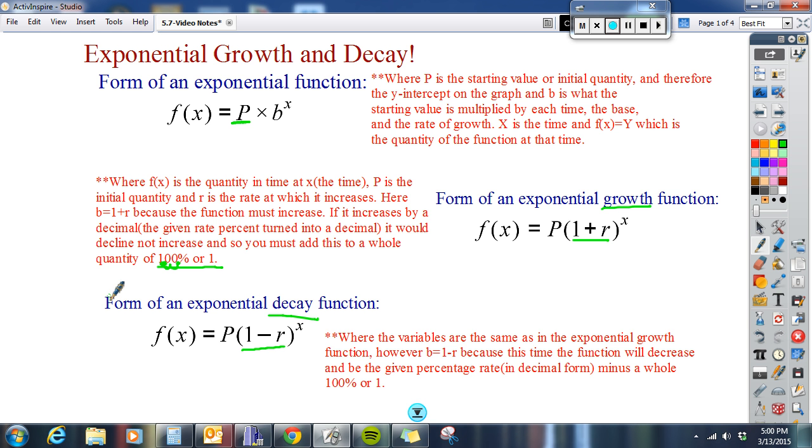So I have this 1 here, which means 100% plus whatever other percent. At this rate, I'm going to have to change it into a decimal as well. For the exponential decay, it's the same thing, except you're subtracting the rate from 100%. Okay, and that's the difference there.